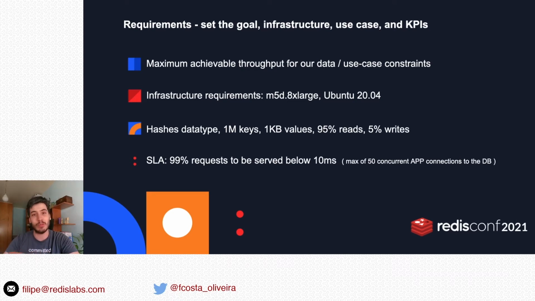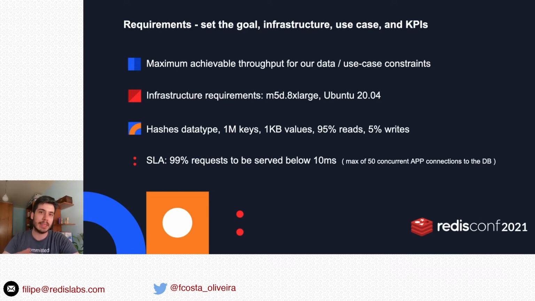And one very interesting thing is that product already knows what the expected access pattern of their application is. So they know that it will be very read heavy: 95% of the requests will be reads and 5% of the requests will be writes. So we want to simulate that type of access pattern in our benchmark.